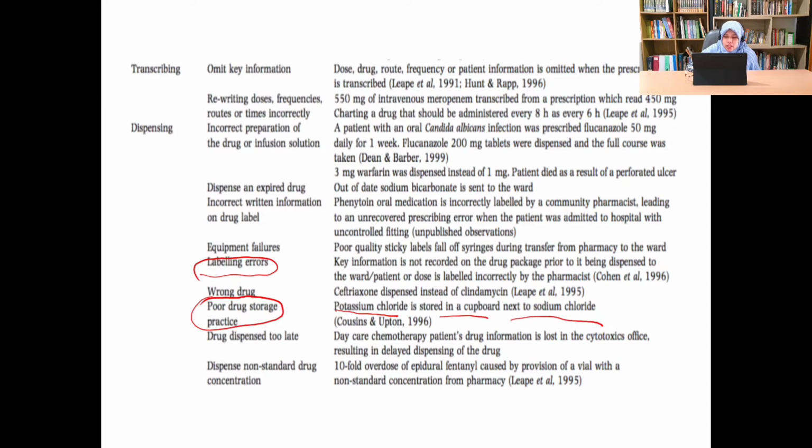Both are chloride, but one is potassium and the other is sodium. It can affect the patient's electrolytes. There is also the example of labeling error. The key information is not clear and not recorded on the drug package before it is dispensed to the ward or patient, or it is labeled incorrectly by the pharmacist.